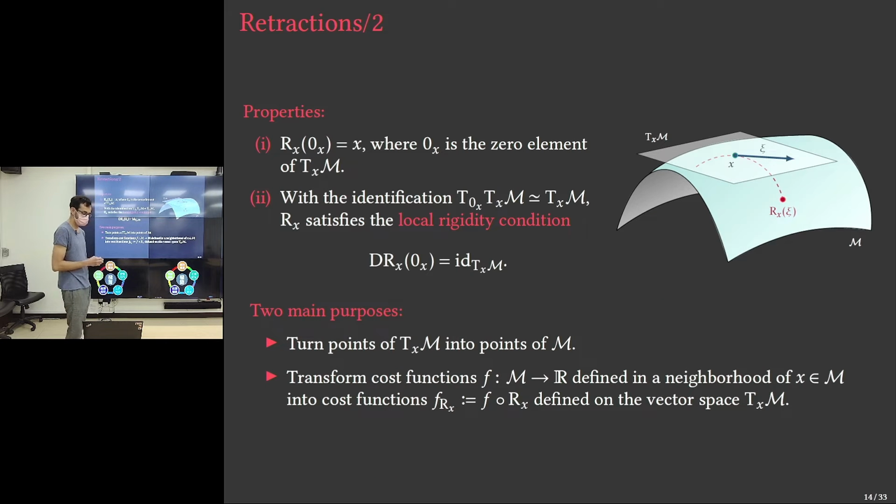Okay, so some more mathematical details about retractions. So properties that we ask a retraction mapping to satisfy is the fact that the retraction at x of 0x, where 0x denotes the 0 element in the tangent space. So it is an element, tangent space is a vector space. It has a linear structure, right?